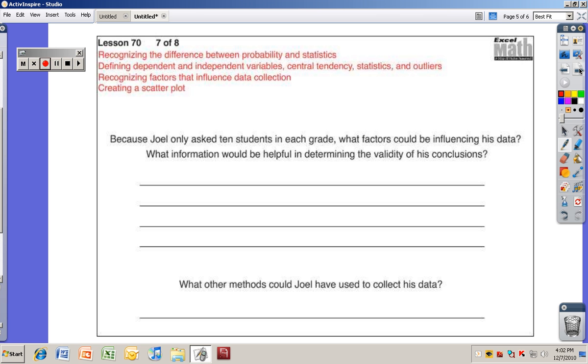Okay, the things that could influence the validity of his conclusions are things like, let's see, if he asked only his friends to answer the question? That could change whether those numbers are right.